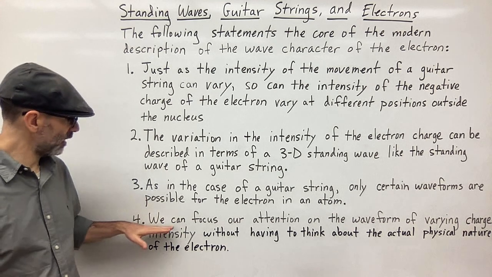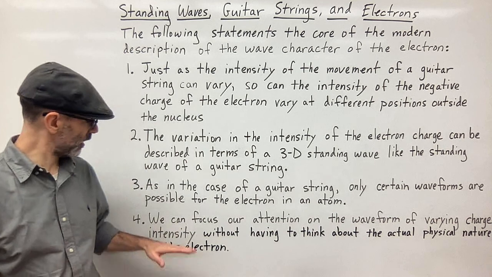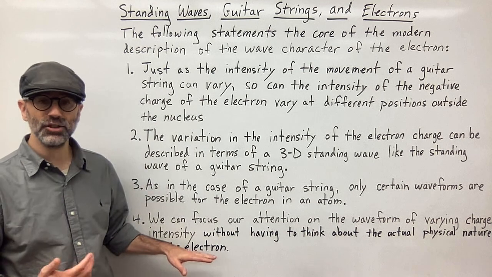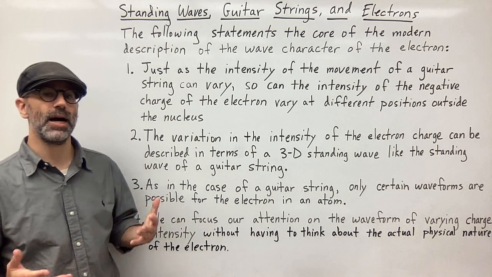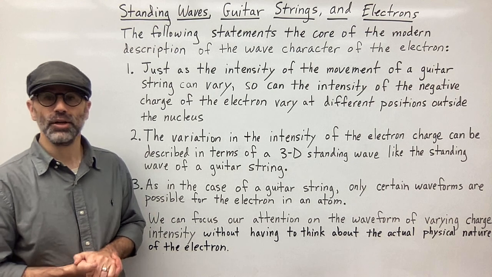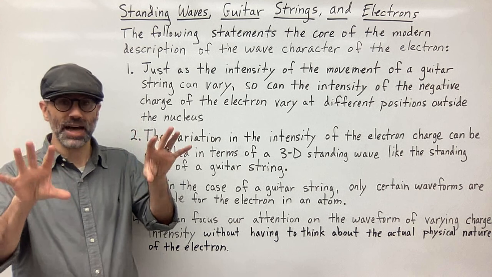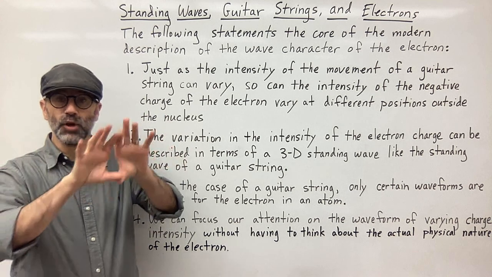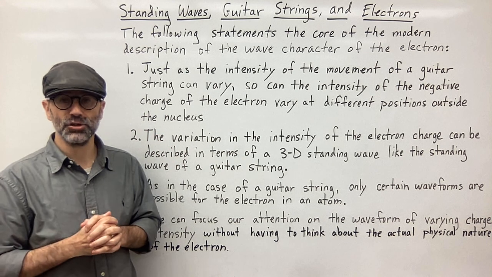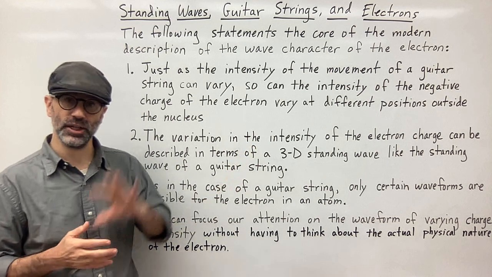And then finally, we can focus our attention on the waveform of varying charge intensity of the electron without having to think about the actual physical nature of the electron itself. That's like if we ignore the guitar string and just focus on the blurry part of the waveform of that guitar string. We can ignore the fact that the guitar string's made out of a certain material and so on and so forth.